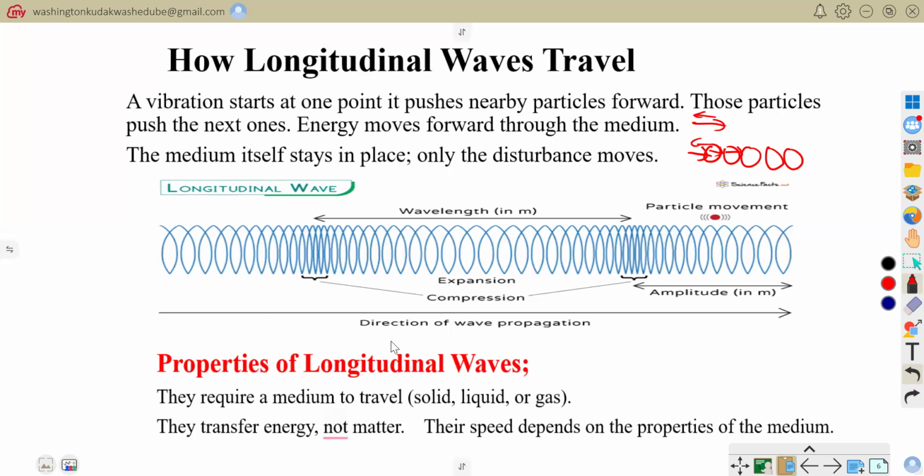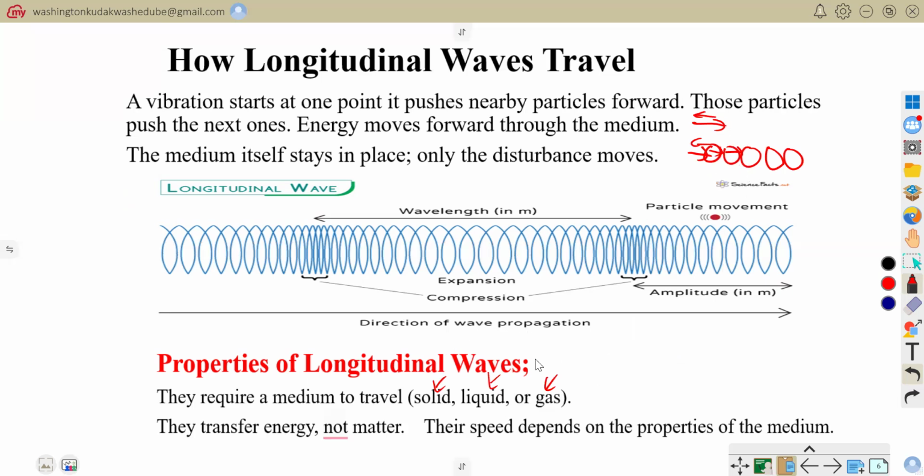So the properties of longitudinal waves: they require a medium to travel. They either require solid particles, liquid particles, or a gas. If there is no medium, they cannot travel, because we need to pass the vibration from one particle to another.